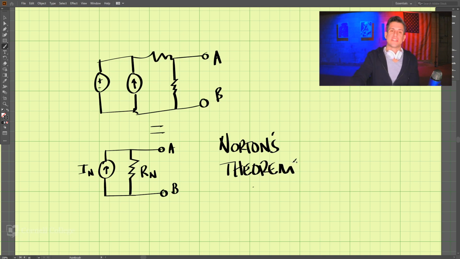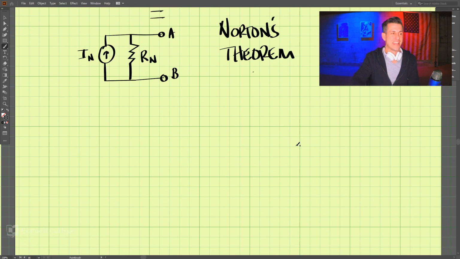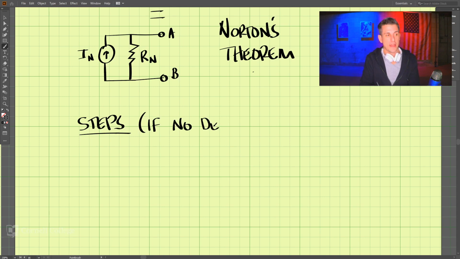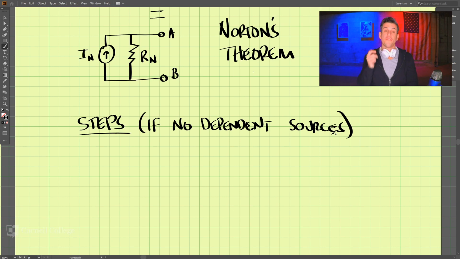So what are the steps? If there are no dependent sources, it looks very similar to our Thevenin steps.